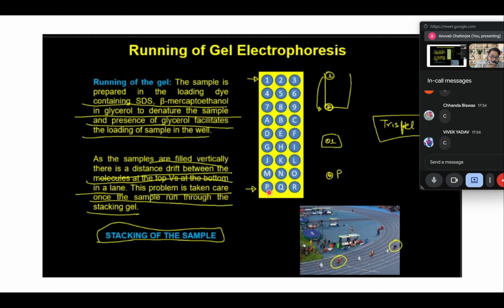You can imagine it as being on a racetrack. Essentially, gel electrophoresis is like running a race of different proteins. For straight races, you always see that the runners line up on a single line so that they all have the same starting position. So you can figure out how well they are moving through the racetrack.